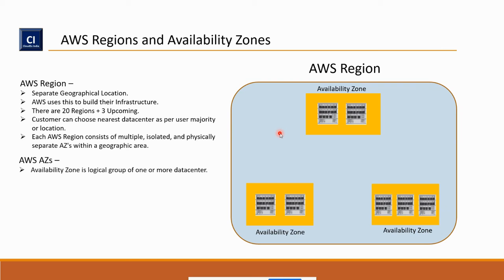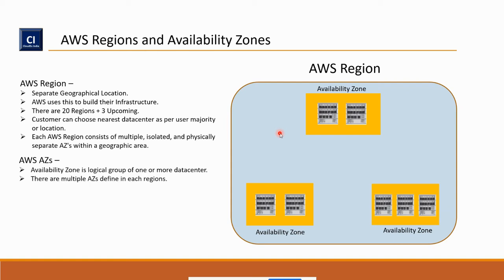If you go to North Virginia, there are six. If you go to Oregon, there are four. AWS never introduced all of those availability zones at once, so they expand their network over time.